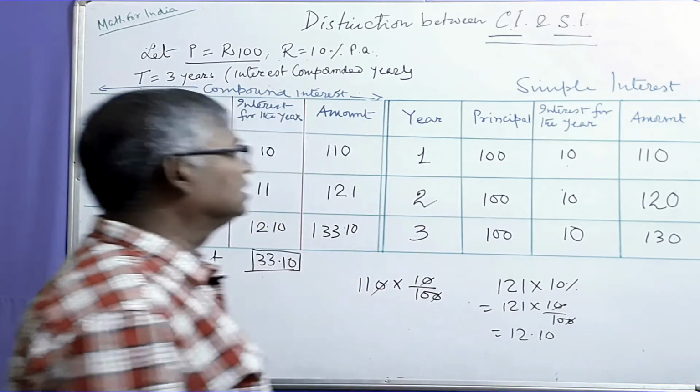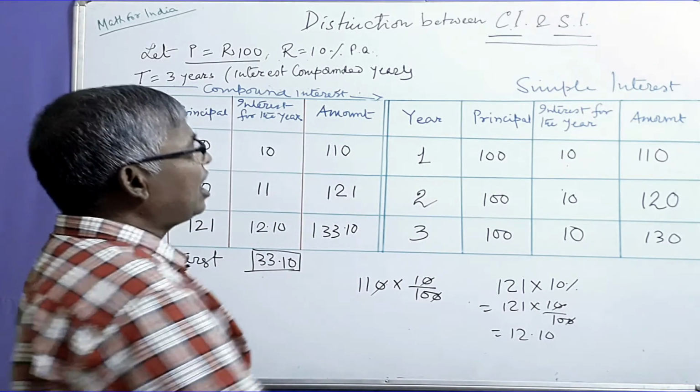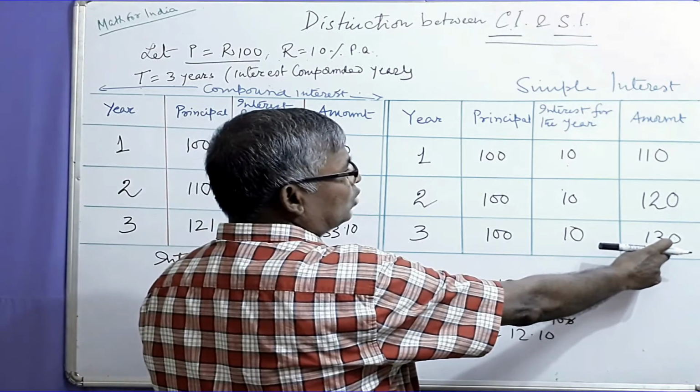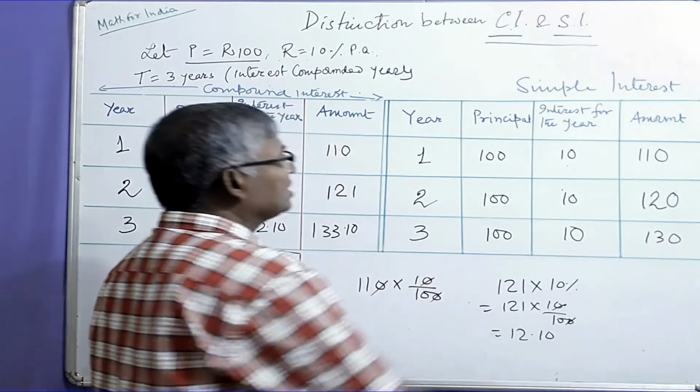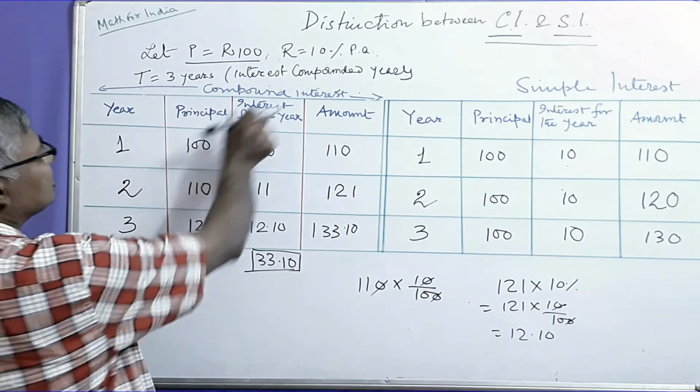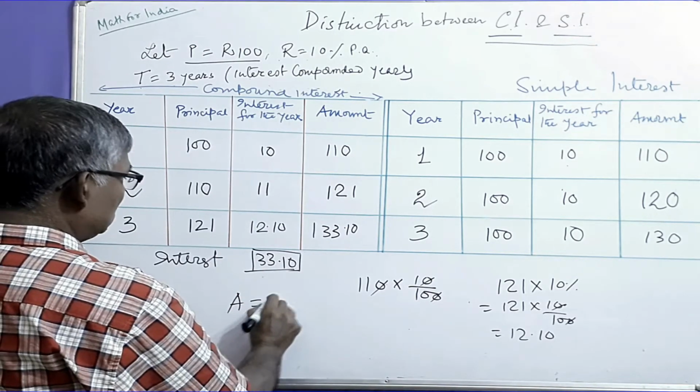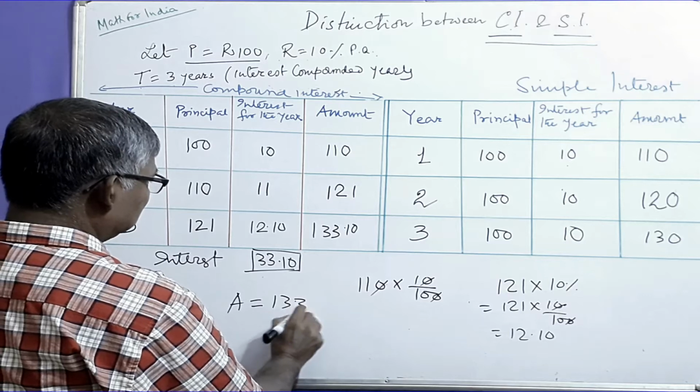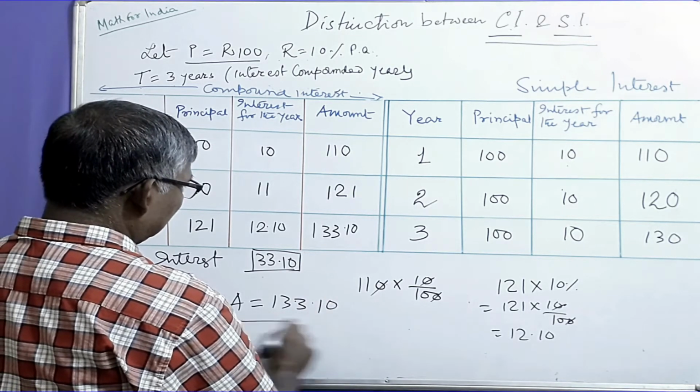So students, here see, the amount obtained in simple interest is 130, whereas the same amount when invested in the compound interest system, here A equal to 133.10.